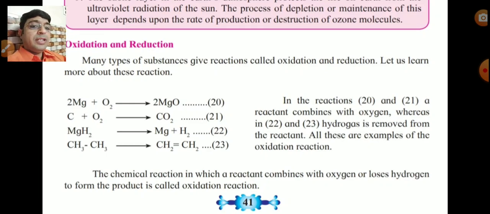Next one, magnesium hydride, MgH2, forming the magnesium and hydrogen gas separately. Fourth reaction given, CH3CH3 means ethane. It is forming CH2=CH2, that is ethene, plus H2. Write down there plus H2, meaning hydrogen gas is released.